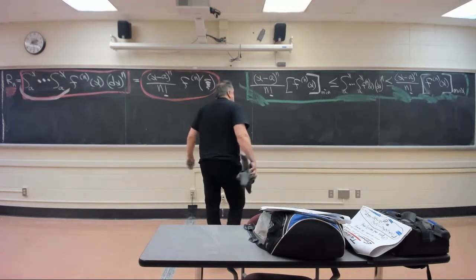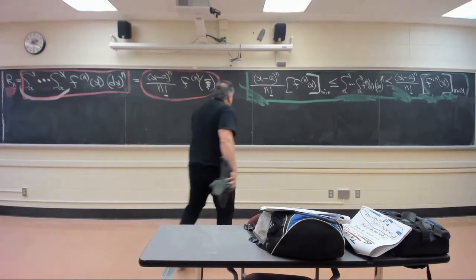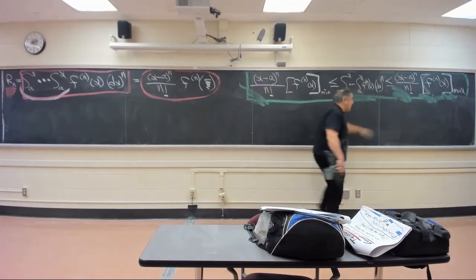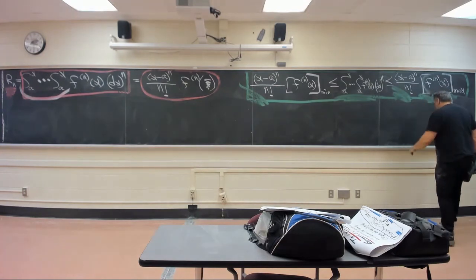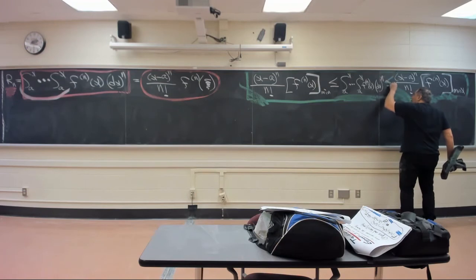Okay, what's going on here? Well, the quantity x minus a to the n over n factorial is the same as the quantity x minus a to the n over n factorial. Again, we got this here.